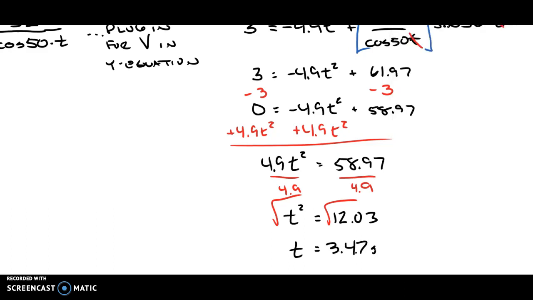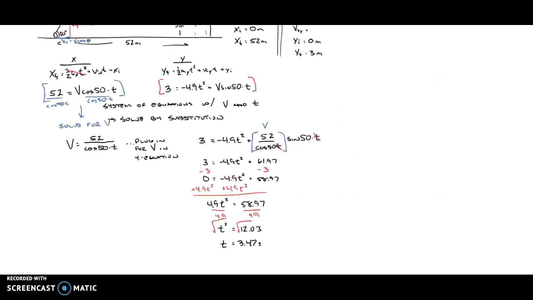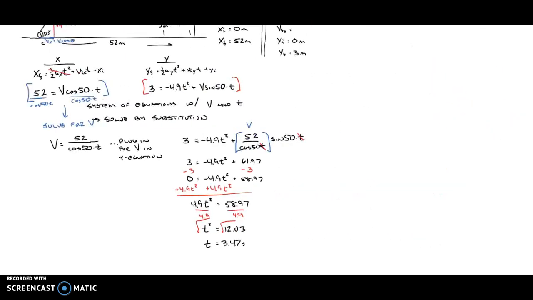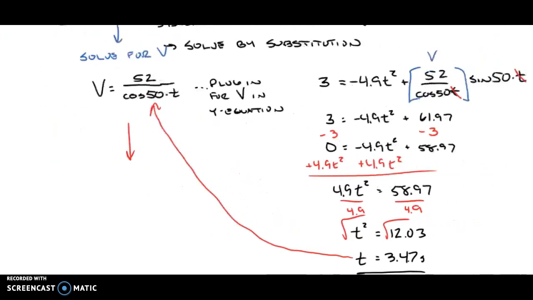3.47 seconds is how long it will take to get to the uprights at our minimum speed. But I want the velocity. So I'm going to take this time, and when we solve a system, you can sub it back into the original value into either equation. Well, I have an equation solved for v already. So I'm going to plug it right in here and calculate what my v is going to be using that time.